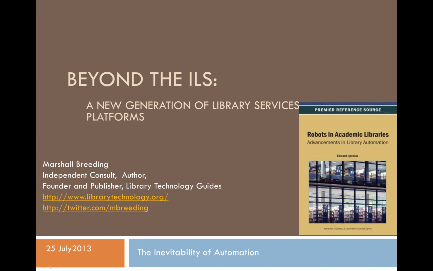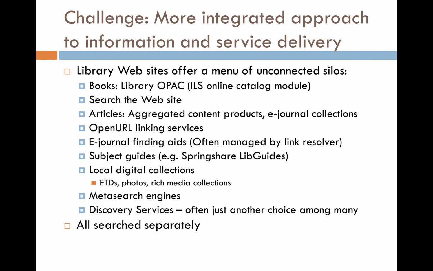Okay. So I want to talk about the chapter that I contributed to the book. My area of interest and expertise really has to do with library automation systems and discovery systems and the different kinds of technology that libraries use for their strategic automation purposes.